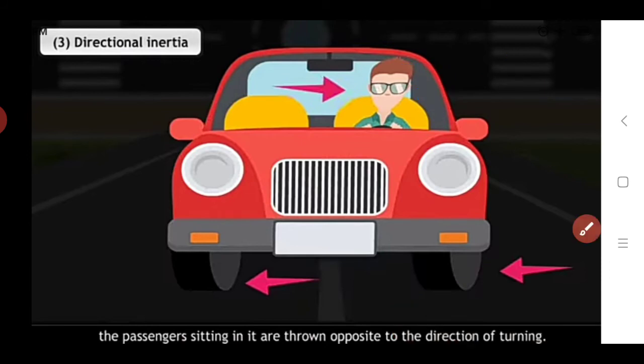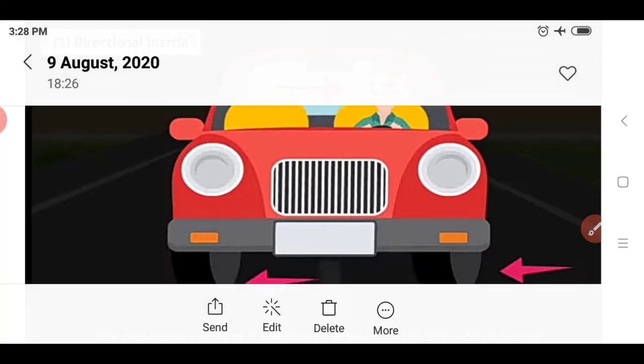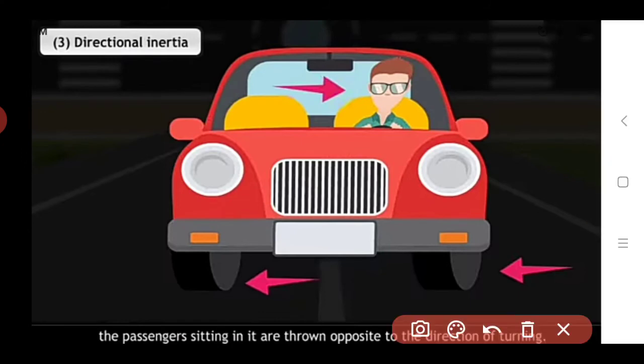Why does this happen? Because the objects sitting inside the car, here we see the man sitting inside, are also in motion, but the direction of motion of this object is a straight line. But suddenly the direction of this car gets changed in that direction.